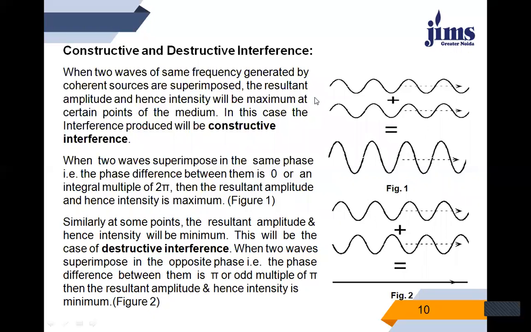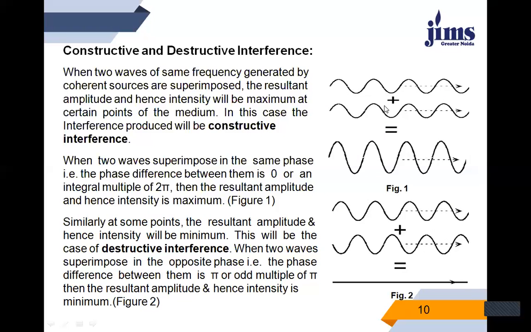You can see in this figure, this is the first wave, this is the second wave. Both waves have the same frequency or the same wavelength, and they are also in the same phase. They maintain a constant phase difference in space.